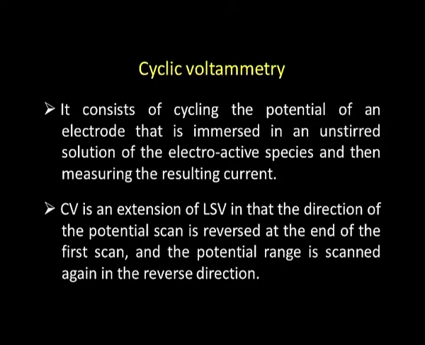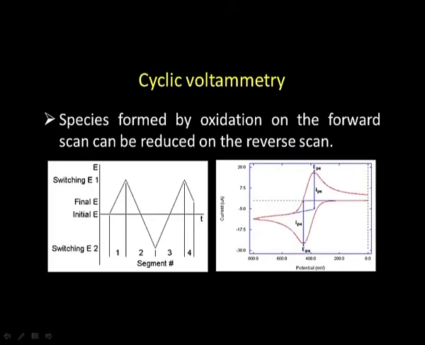It is an extension of LSV, that is linear sweep voltammetry, in that the direction of the potential scan is reversed at the end of the first scan, and the potential range is scanned again in the reverse direction. The species formed by oxidation in the forward scan can be reduced on the reverse scan. Similarly, species formed by reduction in the forward scan can be oxidized in the reverse scan.